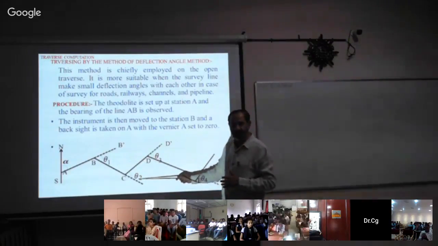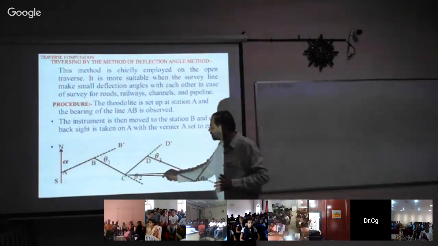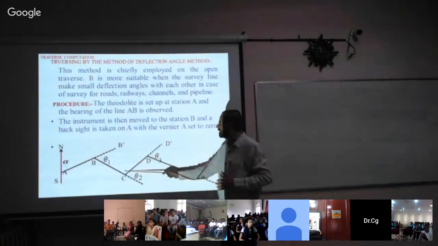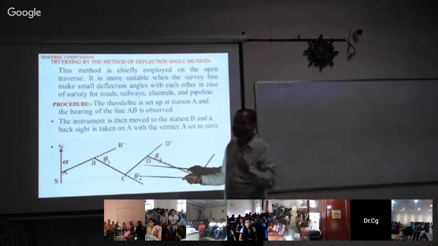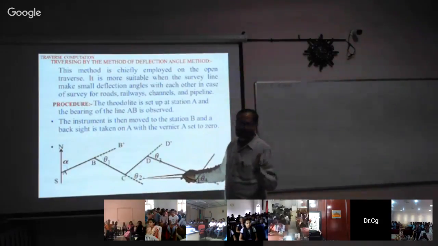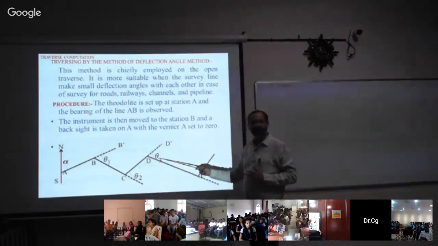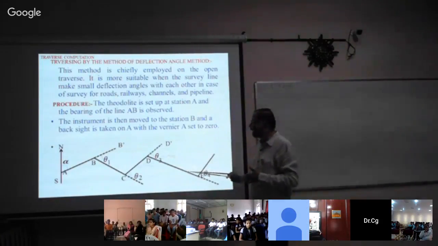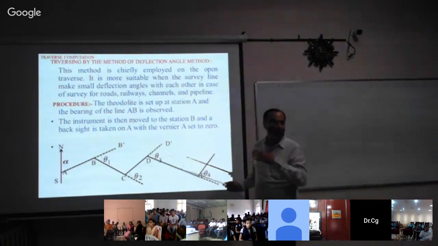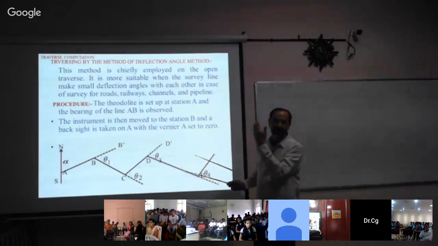Theta 2 is the change of path from BC to CD to the left, therefore theta L. Similarly this is right, theta 3 R, and this is theta 4 left, and it continues, isn't it?